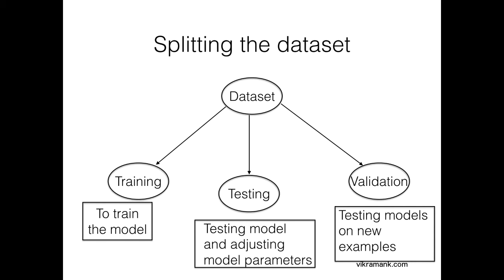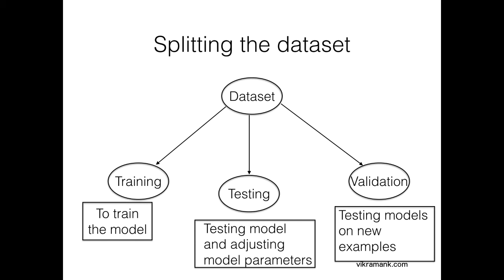So you try to calculate the loss, and once you calculate the loss in the testing dataset, you adjust the model parameters in the training, and you again test it on the dataset and try to minimize the testing error. Once you're done with these two, you create a validation dataset with the remaining data to test the model on new examples.